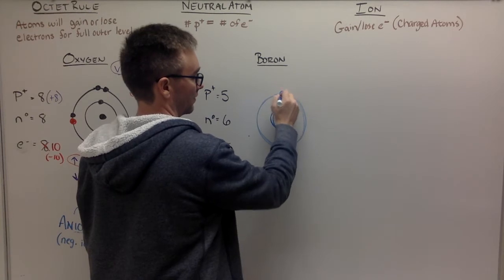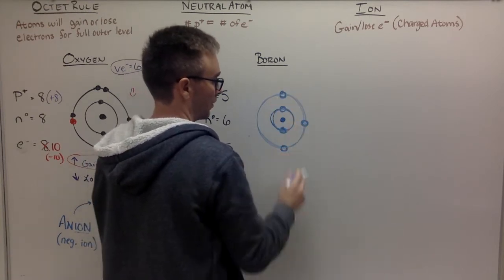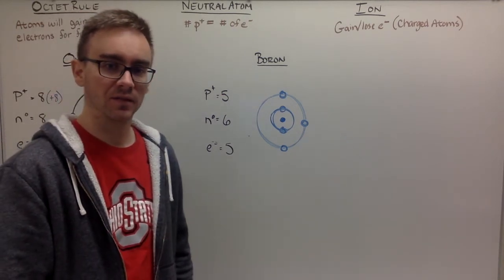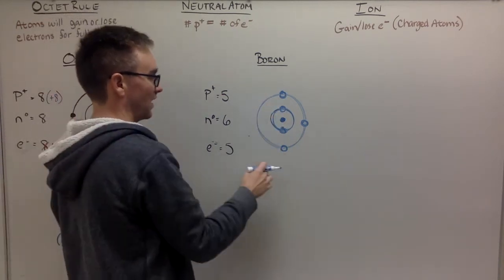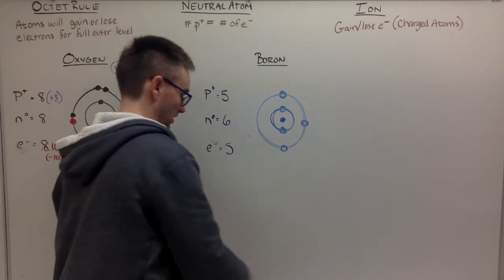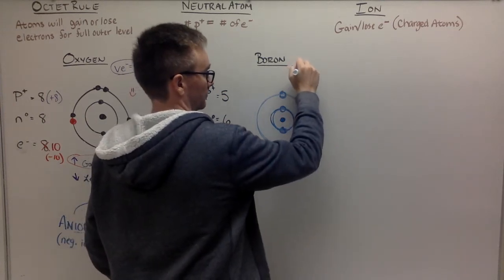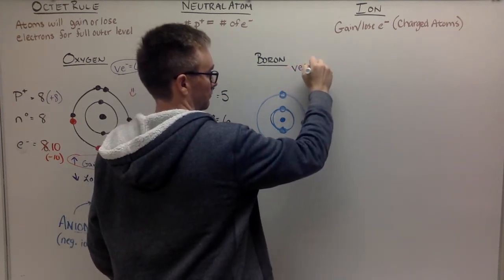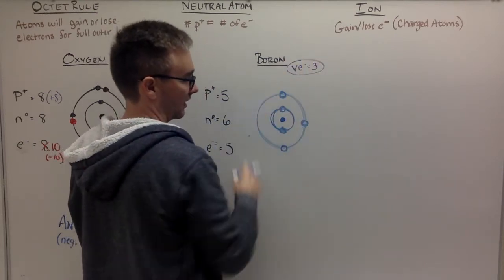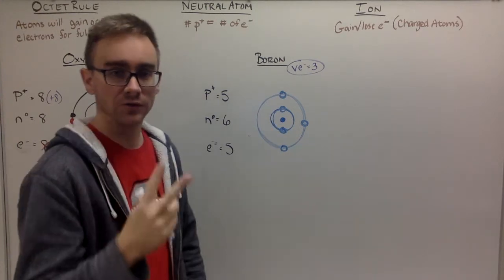And I know that I need 1, 2, 3 more to fit in that second level. So I have a total of 5 electrons right now, and 3 valence electrons. I have 3 in that second energy level. The second energy level can hold 8. The inner energy level can only hold 2.